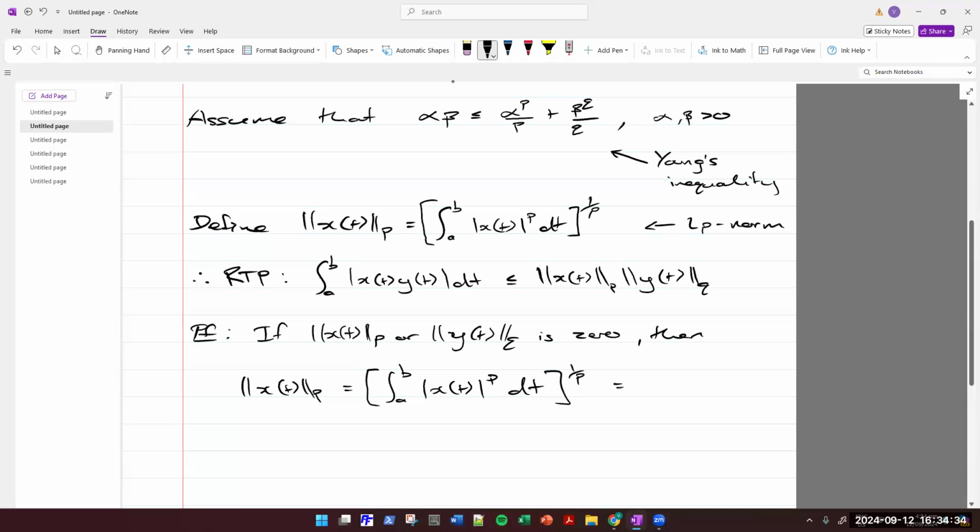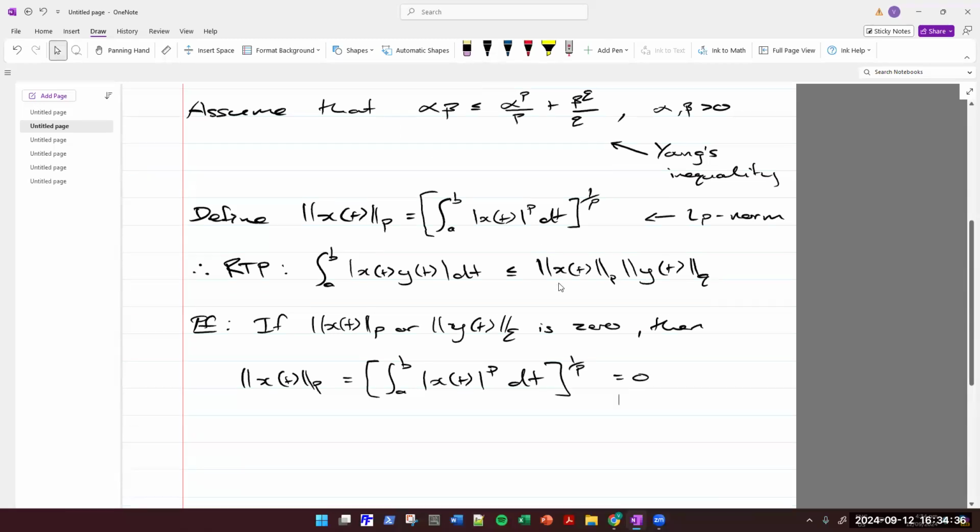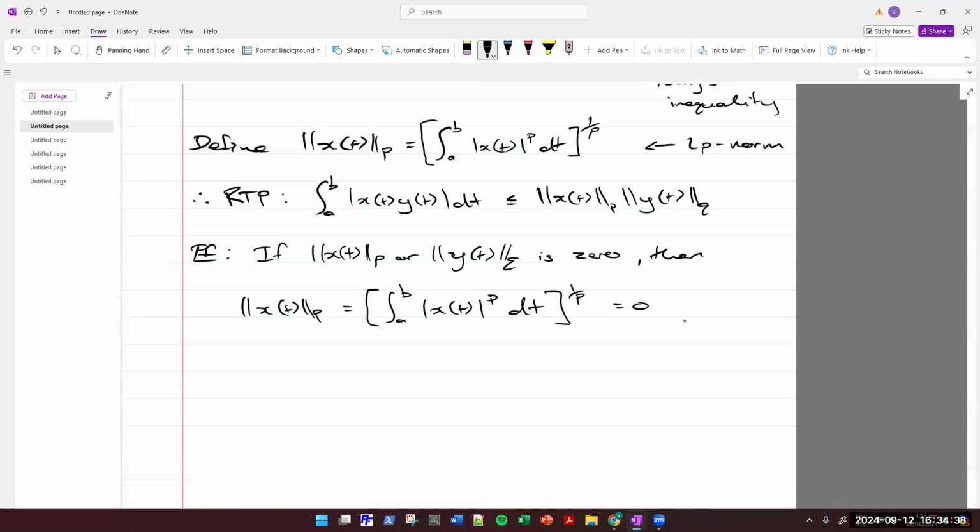It's the same thing for y. If this term happens to be zero, I'm taking the p root of it, so I could take everything to the power of p. In other words, this 1 over p, I could get rid of that. So that means that the integral from a to b, this term must be zero. And it actually goes both ways.